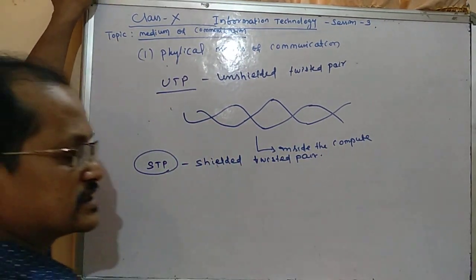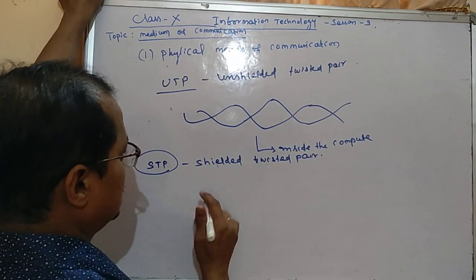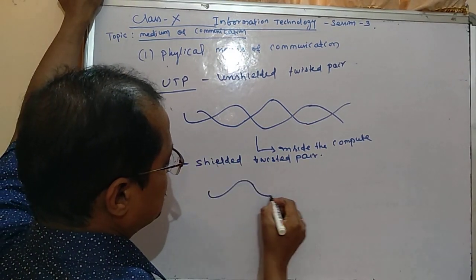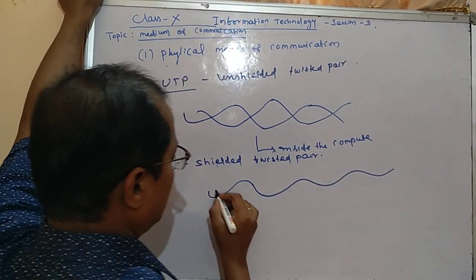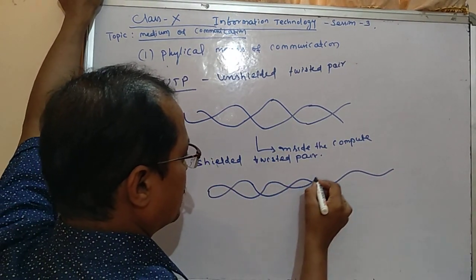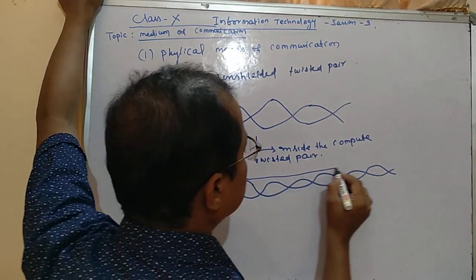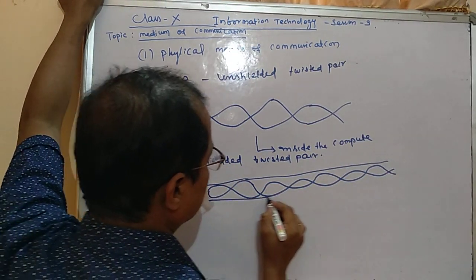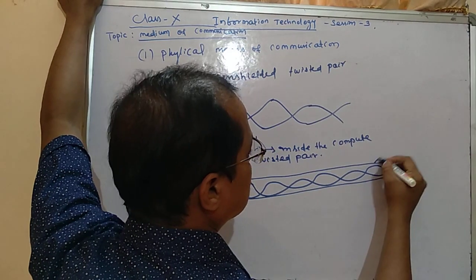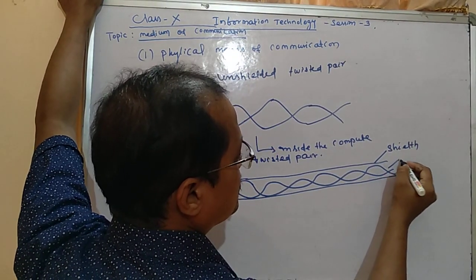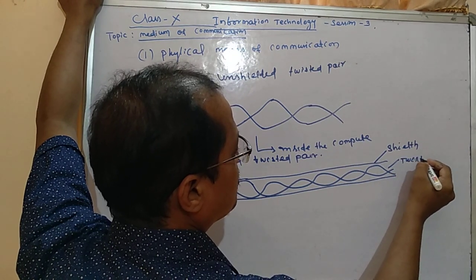For different purposes they are used at different places. In STP the structure goes like this, and over it another sheath is there. This is called the sheath covering, and this is the twisted pair.